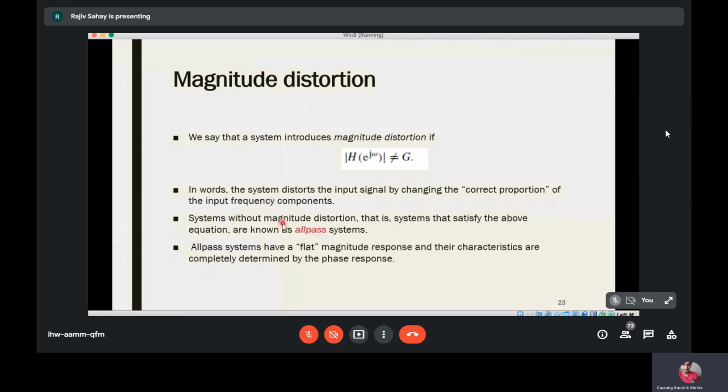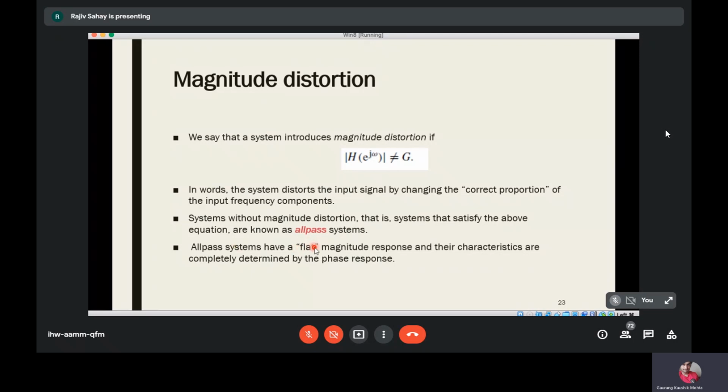So systems without magnitude distortion, that is systems having magnitude of H of j omega equal to G, where G is a constant. It is a DC line, okay, parallel to the x-axis. So systems without magnitude distortion, that is systems which satisfy the above equation, are known as all pass systems because they are passing all the frequencies. That is why they are known as all pass systems.